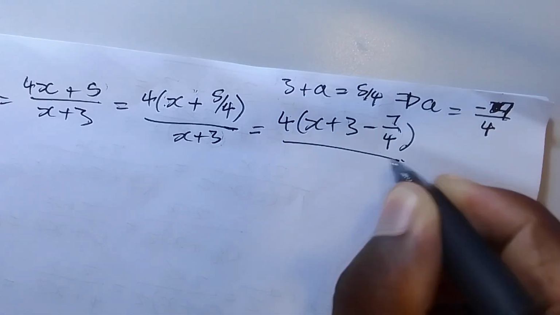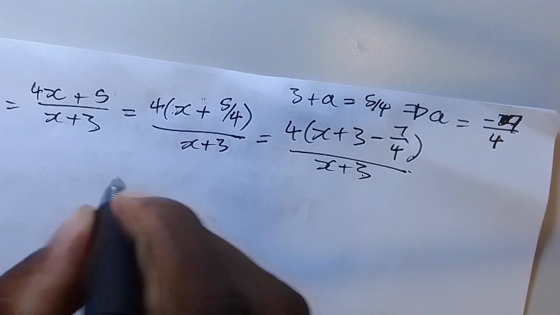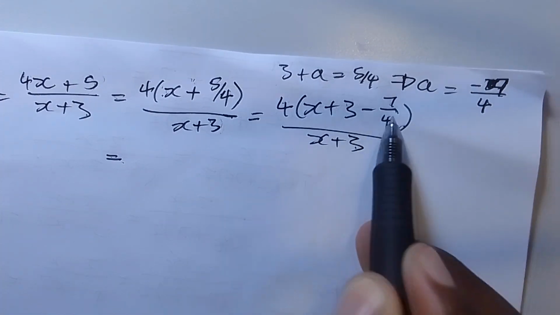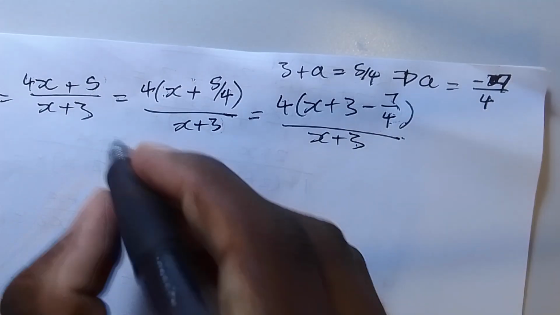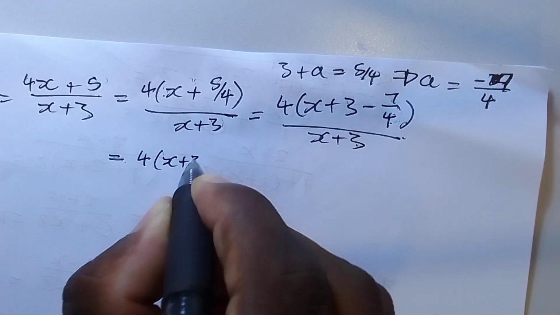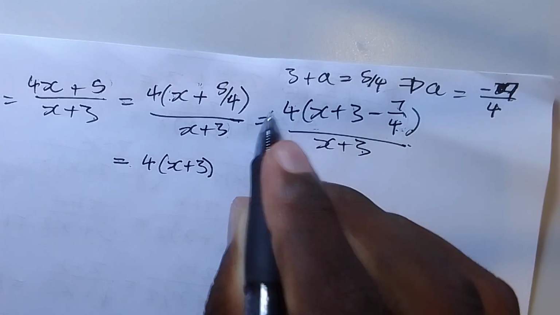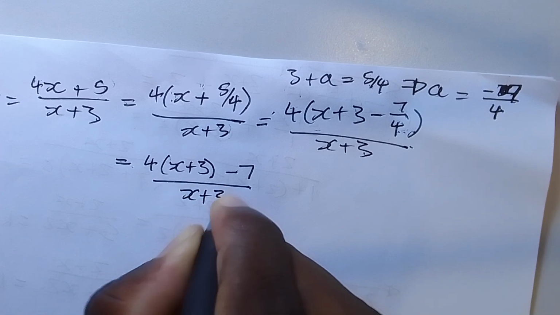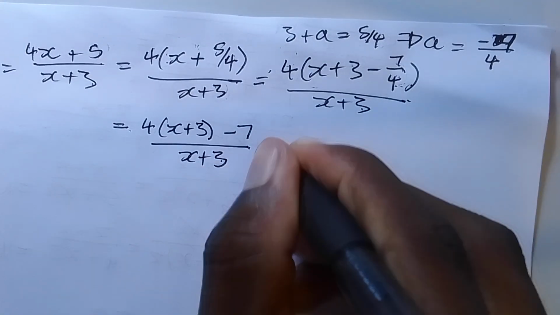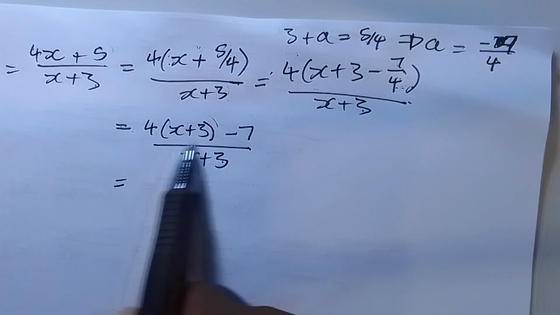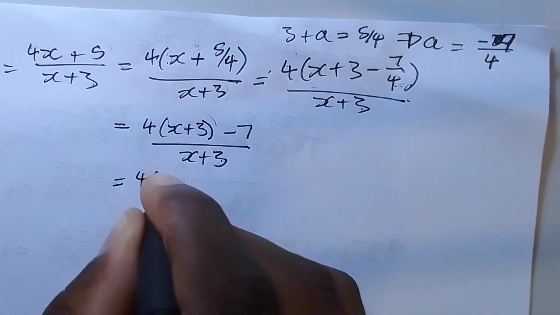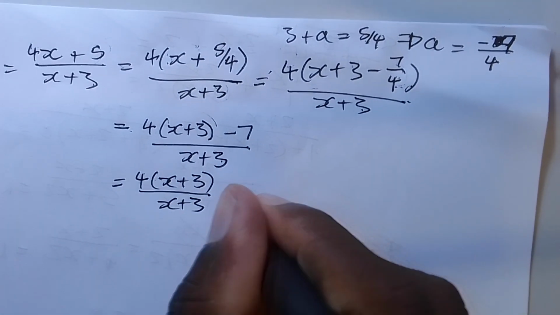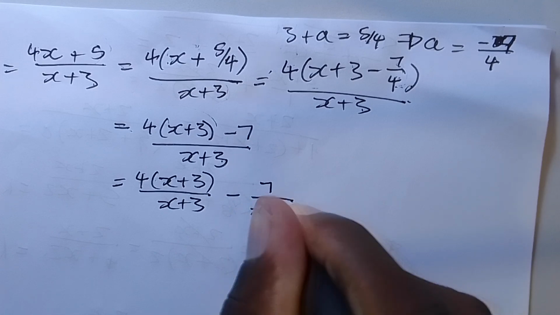Now you divide by x plus 3 again. What do you do now? You have your x plus 3, so you multiply this by 4 so you can take it out of the bracket. So you have 4 into x plus 3. Since you multiplied these, the 4's will cancel and you have minus 7 outside, and then x plus 3 at the bottom. Now you say this divided by this, which is 4 into x plus 3 divided by x plus 3, minus 7 divided by x plus 3.